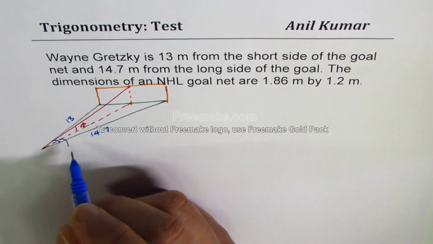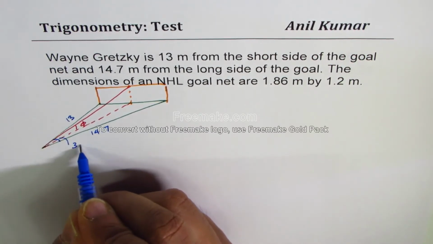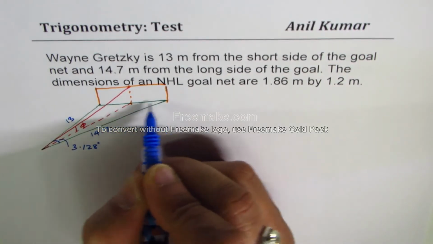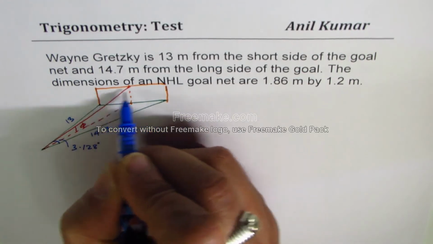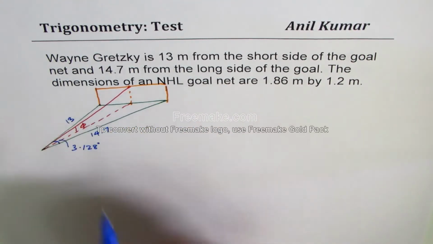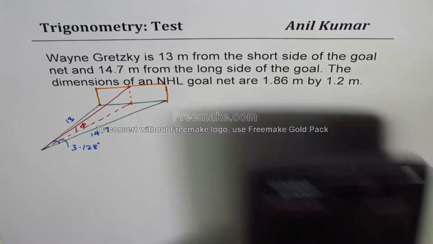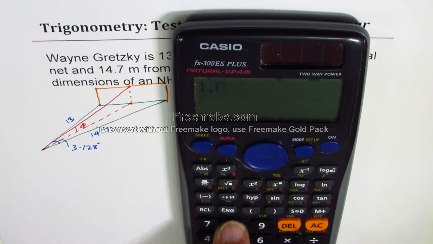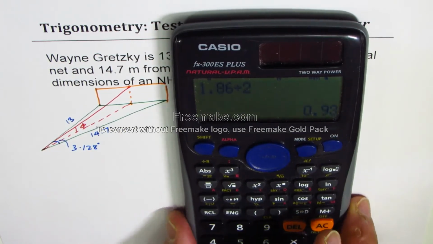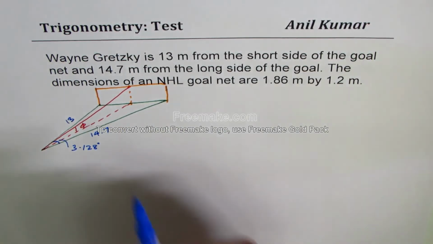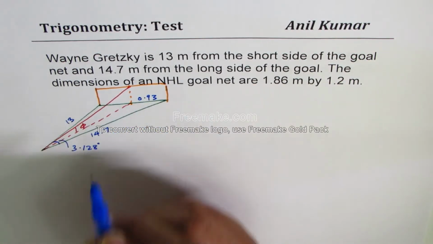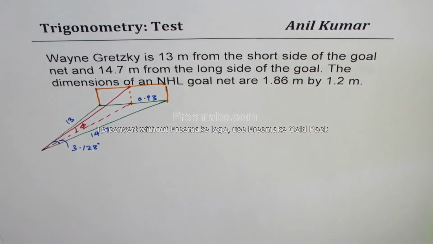We calculated as 3.128 degrees. The whole length here is 1.86, so we'll do half of 1.86. 1.86 divided by 2 is, in decimals, 0.93. So this becomes 0.93. That is also 0.93, correct?